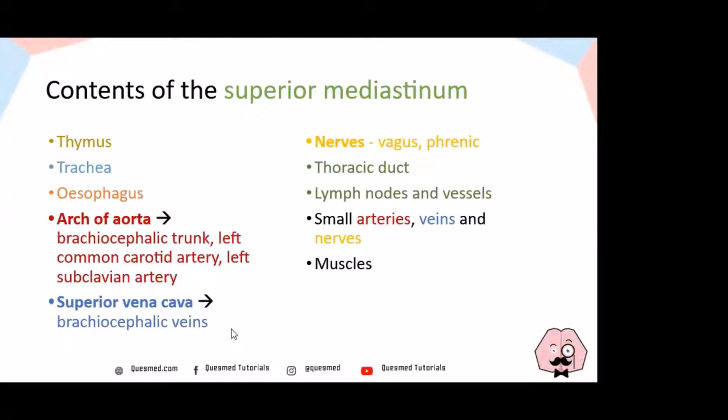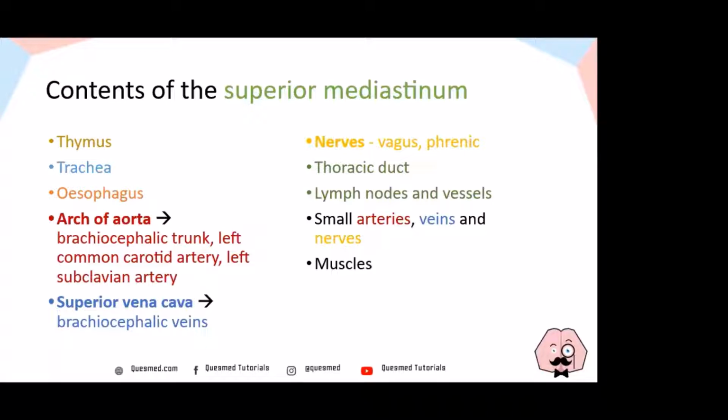So the contents of the superior mediastinum are as follows. You've got the thymus, which is essentially non-existent if you're an adult, most of your trachea, esophagus, arch of the aorta, and then the arch gives off 3 branch vessels, which are your brachiocephalic, which supplies your right head and arm, your left common carotid, and your left subclavian.